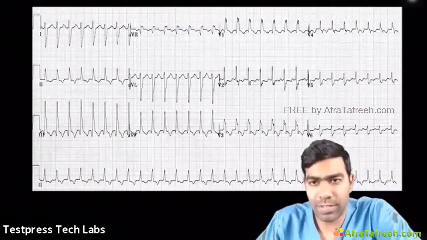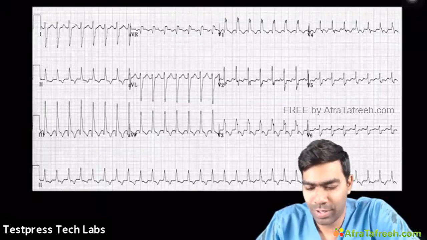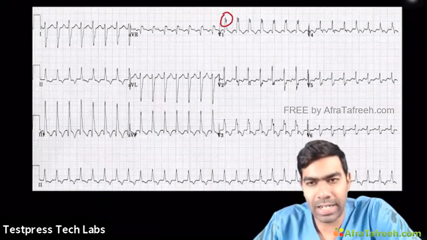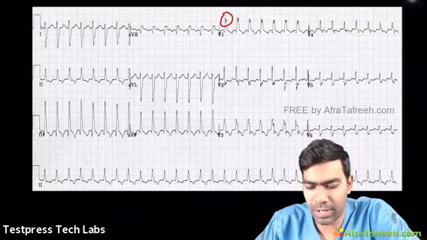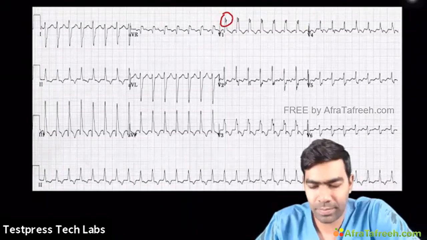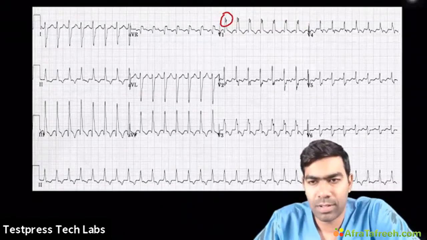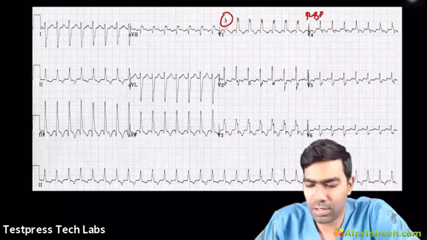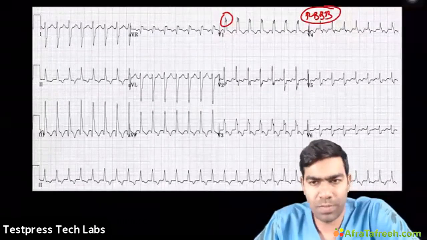Yes, of course, this is a VT only. You have found out because the rabbit ear sign itself is telling you it's a taller left rabbit ear. Which means it's showing RBB pattern or LBB pattern. RBB or LBB? It's RBB morphology, which means it should be from the left side, of course.